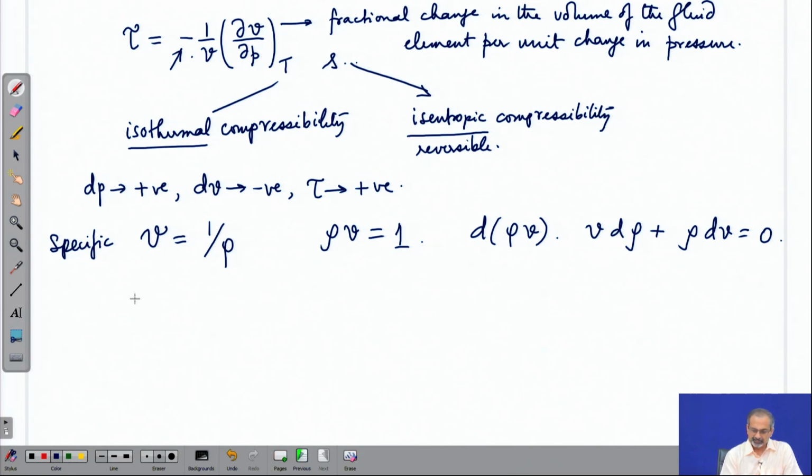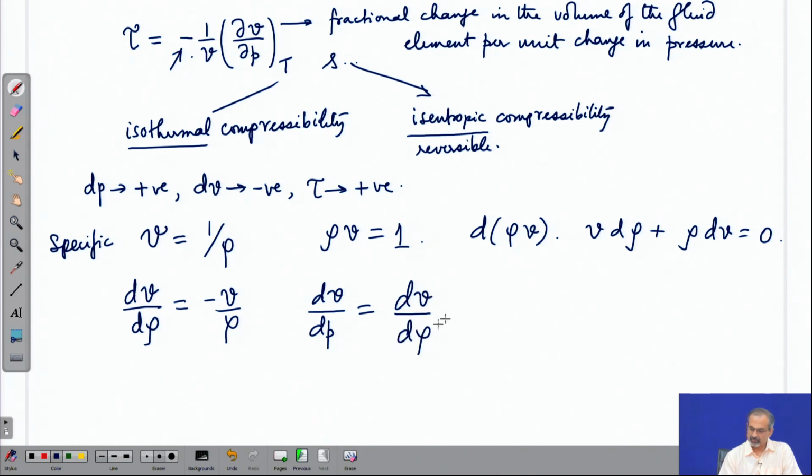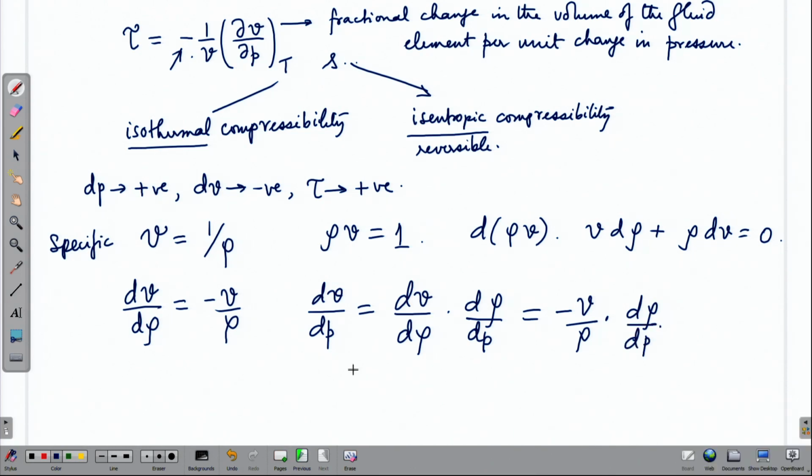From this relation, we can obtain dV/d rho is equal to minus V by rho, and dV/dP is equal to dV/d rho into d rho/dP, which is minus V by rho times d rho/dP.